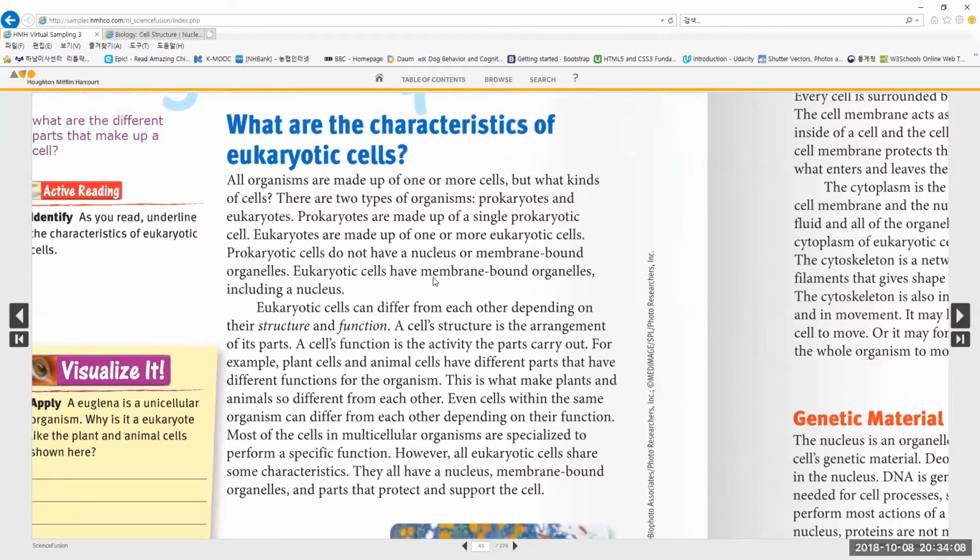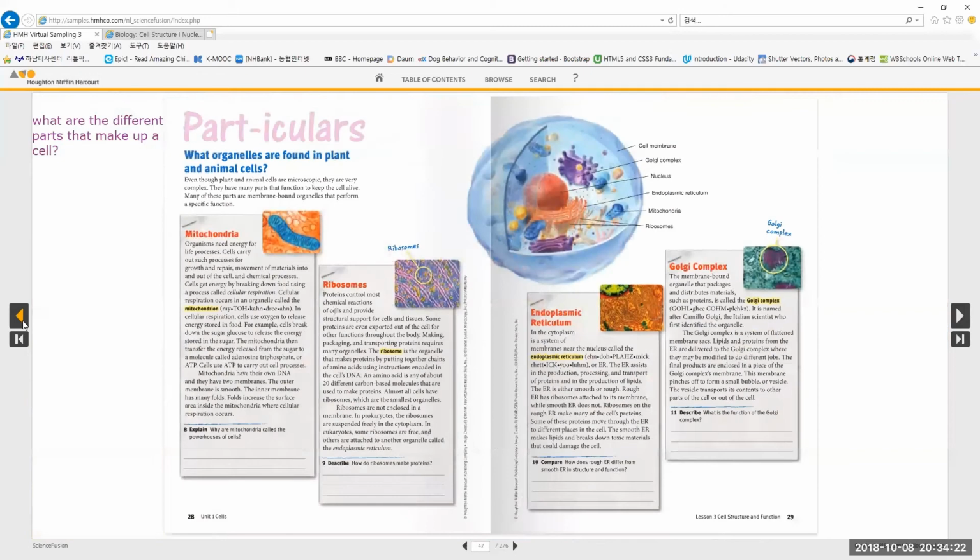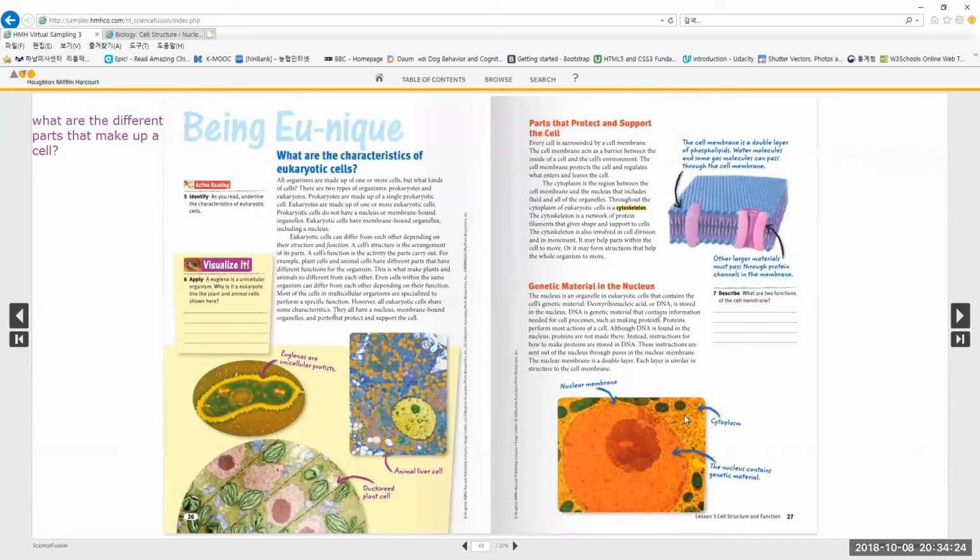However, all eukaryotic cells share some characteristics. They have a nucleus, membrane-bound organelles, and parts that protect and support the cell. So, there are two kinds of cells, eukaryotic cells and prokaryotic cells.